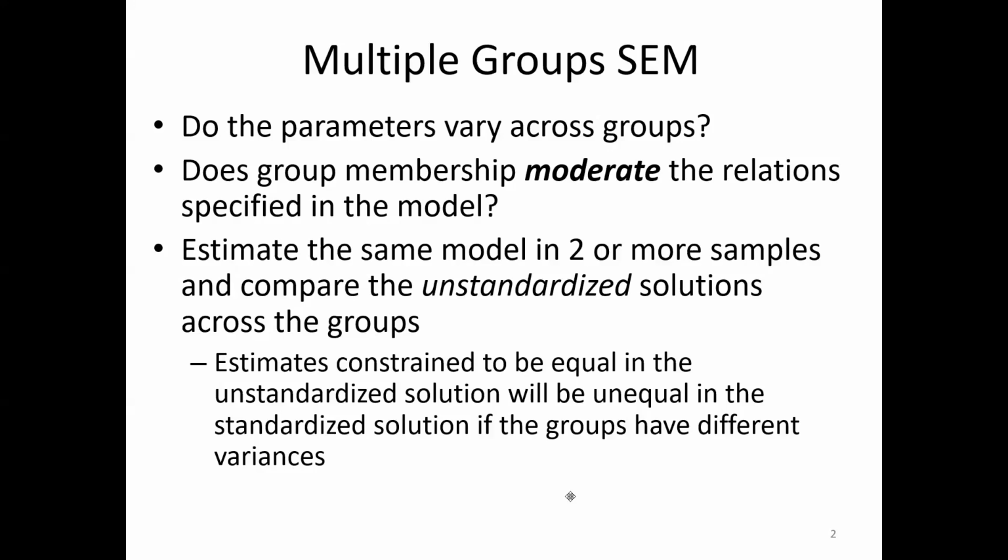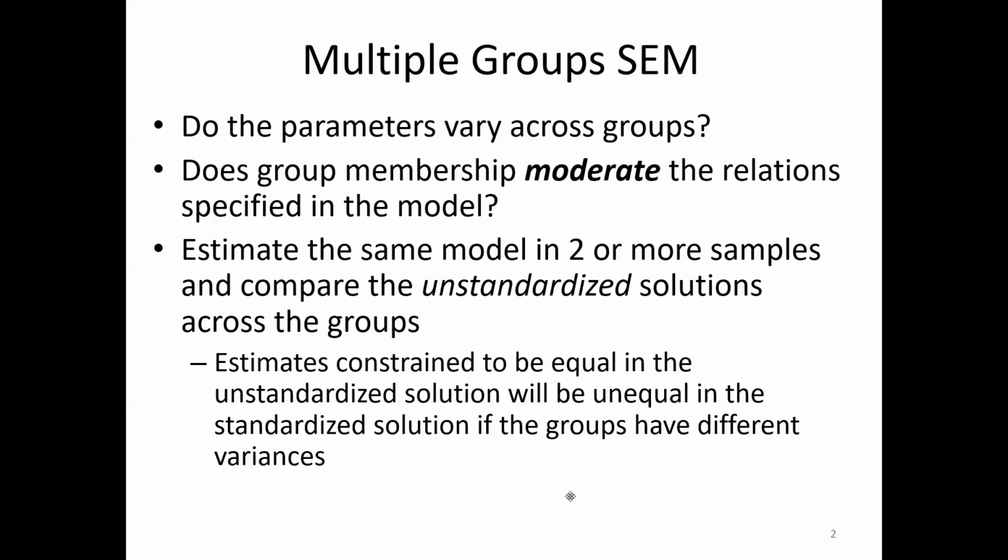Remember that the variance in the item or the indicator is explained by proportion. There's this amount by the factor, and then this is just the unexplained piece.